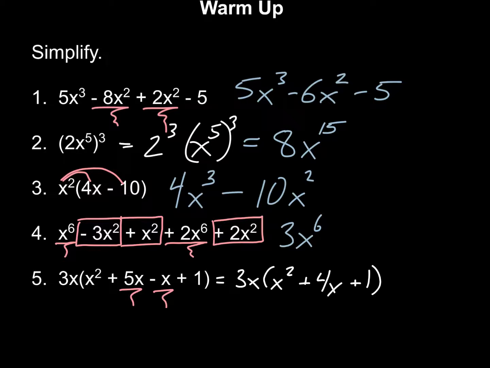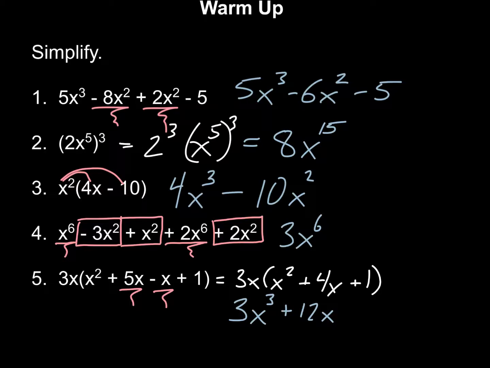My next step, which I'm going to do now, I'm going to go ahead and distribute. So I'm going to do the 3x times x squared. So it's going to be 3 times, and then x times x squared. That's going to give us x to the power of 3. Remember that 3x is x to the power of 1. Then, plus, I'm going to do 3 times 4. 3 times 4 gives me the 12, and then I do the x times the x.